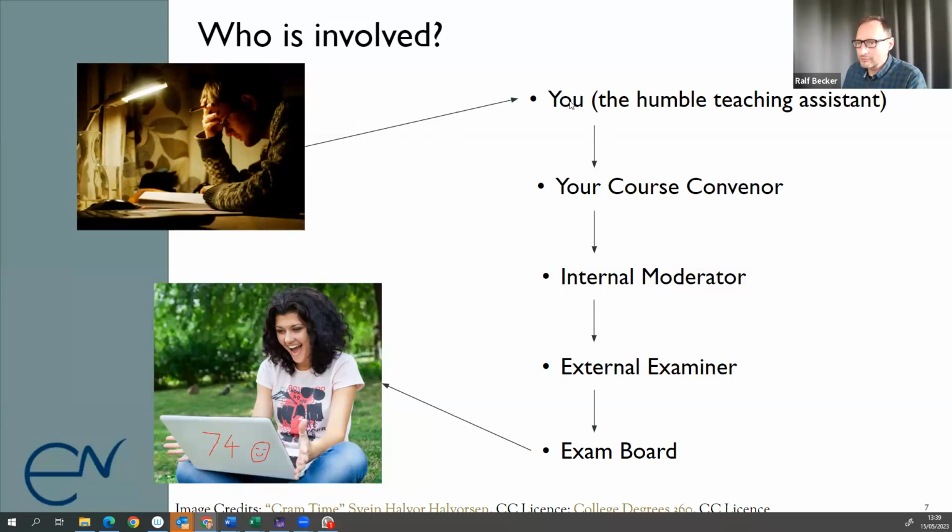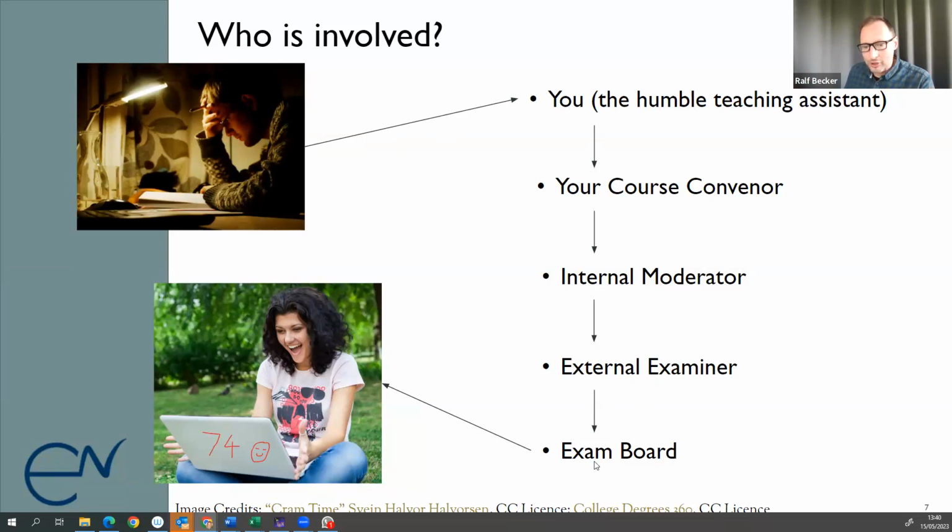You, the humble teaching assistant, but I know there may be some lecturers amongst you, will do the marking. This marking will then be checked by your course convener. Then there will be an internal departmental moderator, so another colleague from the department who may check the marking. Then there will be an external examiner, a colleague, an economist in our case, from another department who will look at a sample of exams and check the marking and the feedback given.